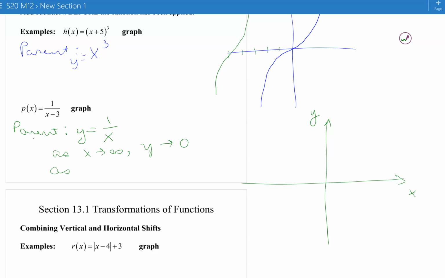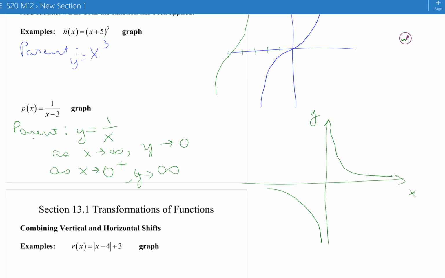And then as x heads to 0 from the right, and this is a symbolic notation that you'll learn in calculus, y is getting larger and larger because you're dividing by a smaller and smaller number. So the arm of the hyperbola looks like a curve in quadrant 1, and then its mirror image in quadrant 3.